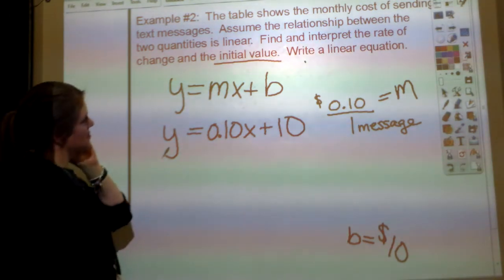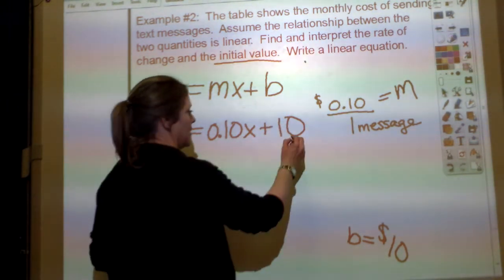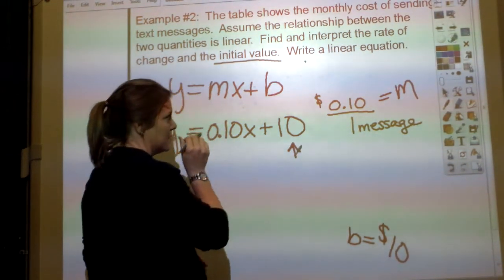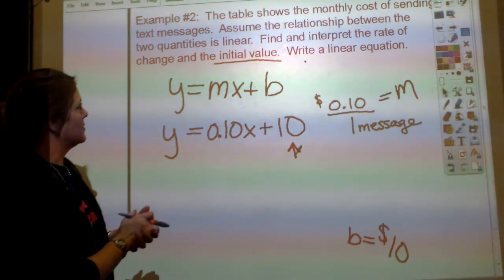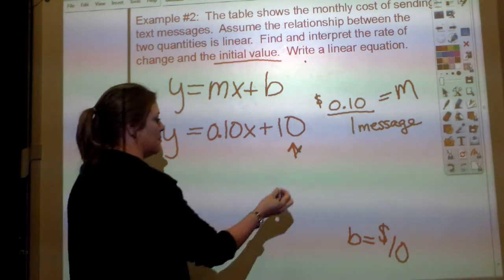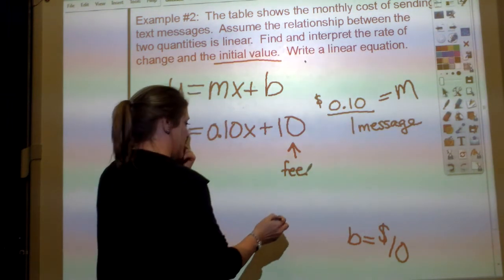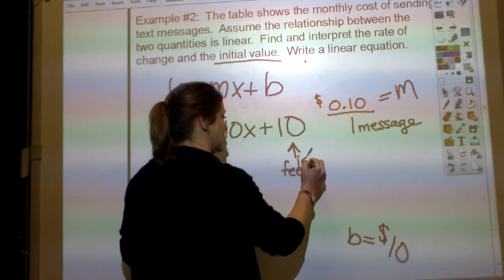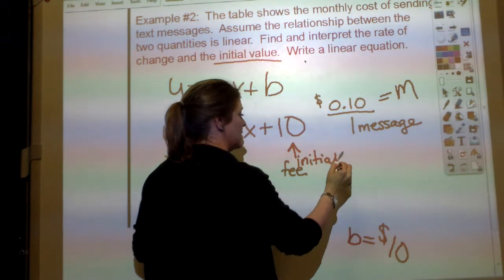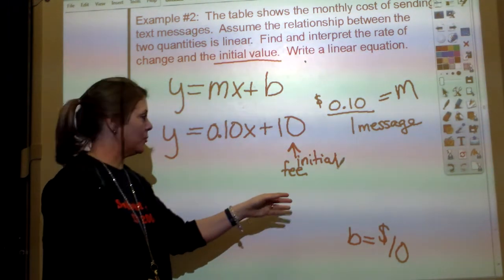This $10 is an initial fee, okay? Sometimes they can call it a startup fee, maybe it's a monthly fee, but that is that initial fee. It's a one-time charge that they will put on your bill.